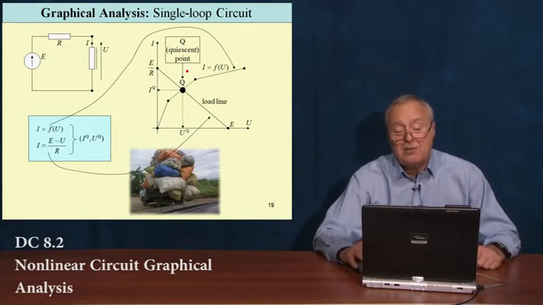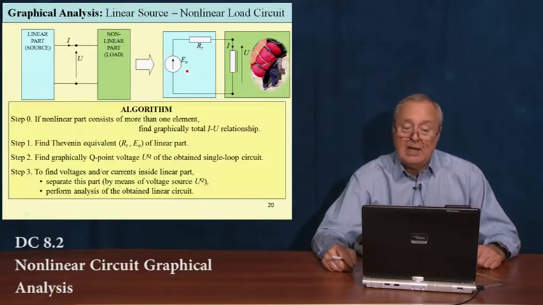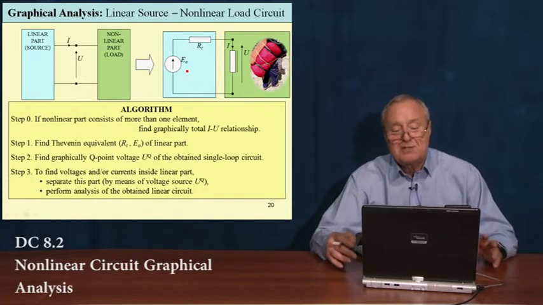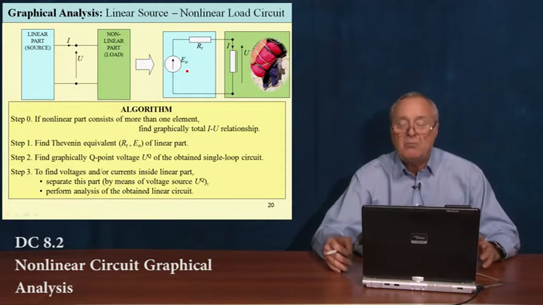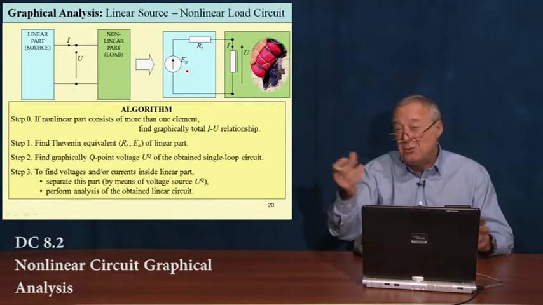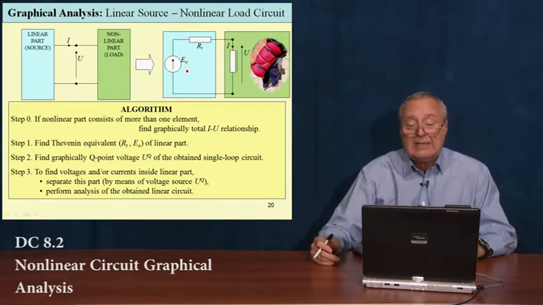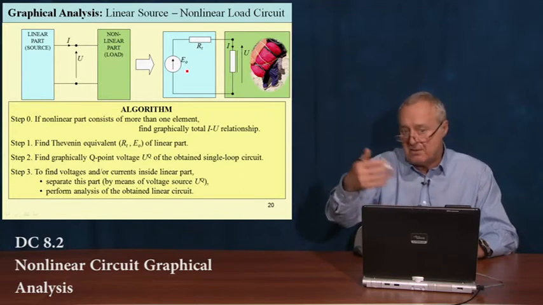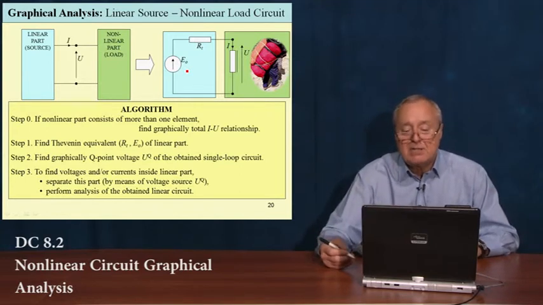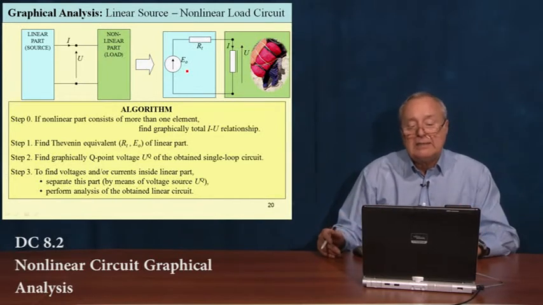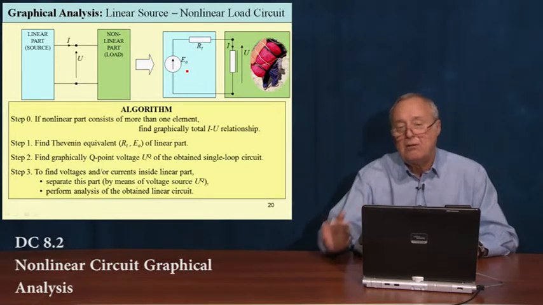This reasoning can now be generalized to a complex circuit. However, this complexity is rather in its linear part. I mean, we have a complex linear part, and then we have one or maybe a few, two or three, nonlinear elements, such that we may replace them by a single one, following the reasoning that I discussed before. Then we may transform our complex circuit to a single loop circuit.